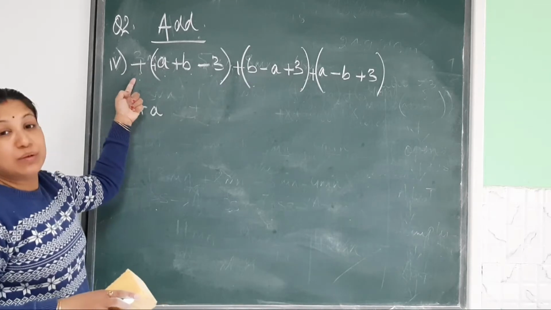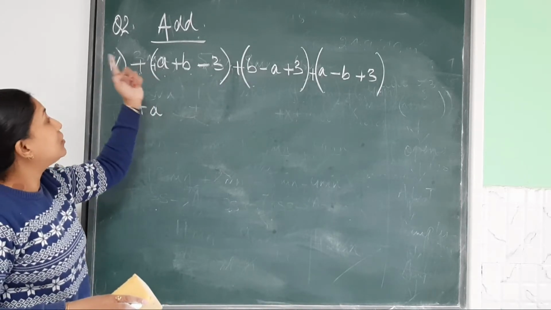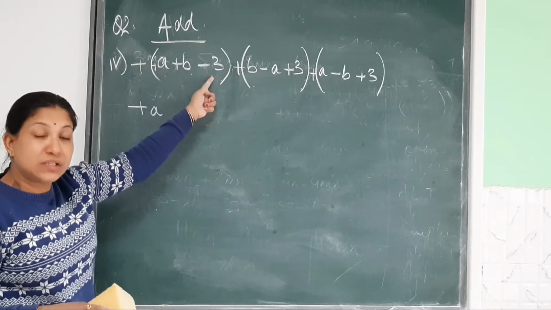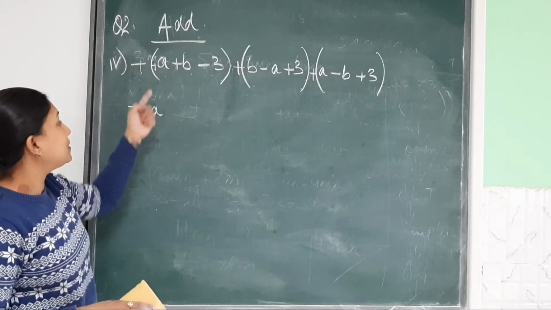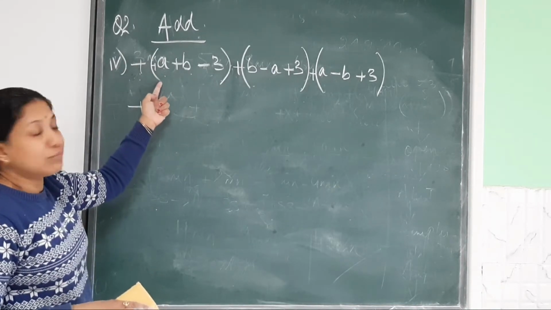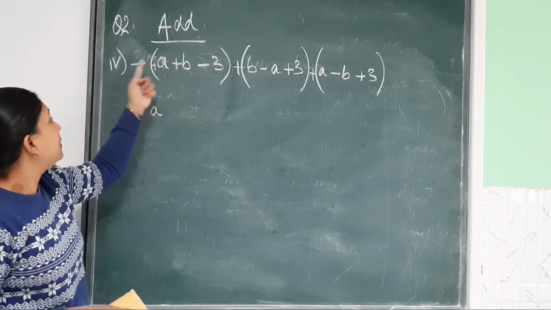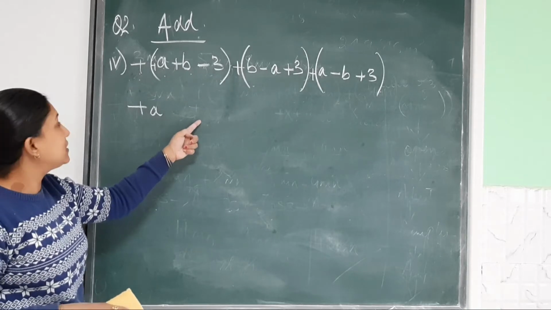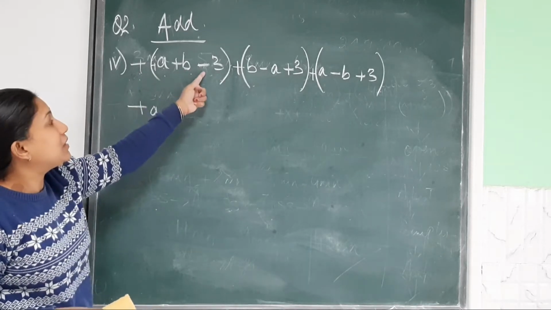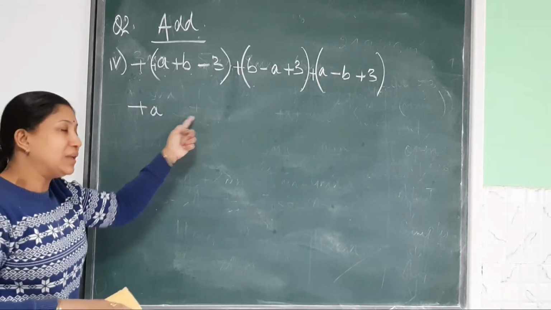This plus will be multiplied by this term, and this term, and this term also. Plus into plus is plus, then it meets b, which has a plus sign: plus into plus, again plus. Plus multiplied by minus, two different signs, minus.